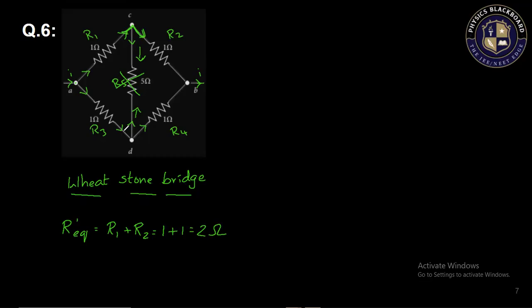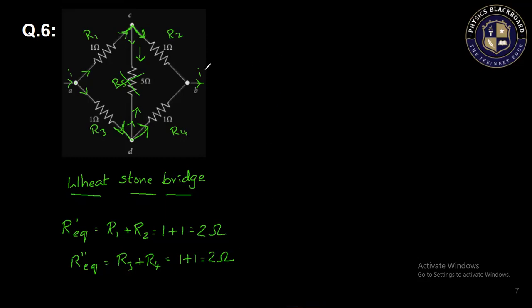Similarly, the current which passes through R3, the same current will pass through R4. So these two are in series connection. R double dash equivalent is equal to R3 plus R4. So 1 plus 1, 2 ohms again.